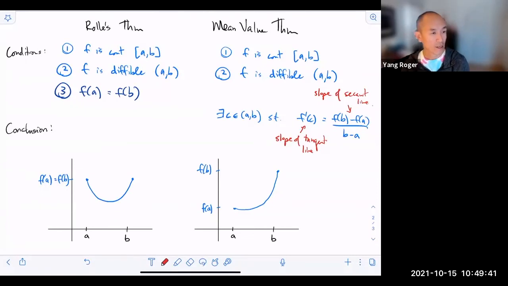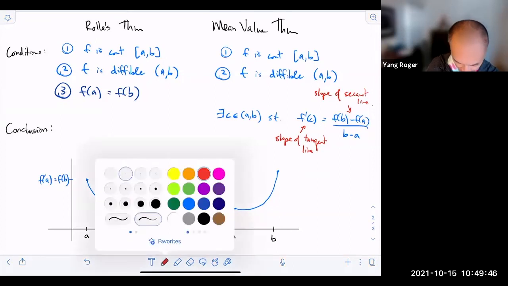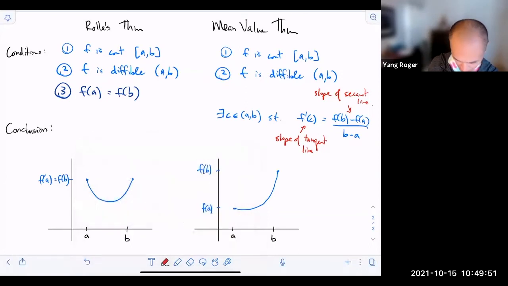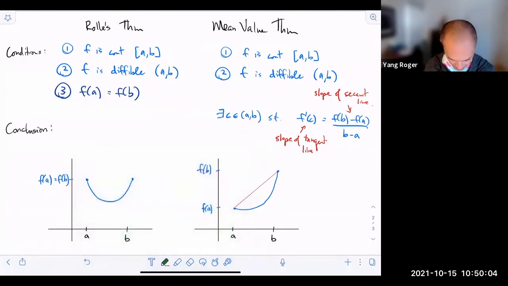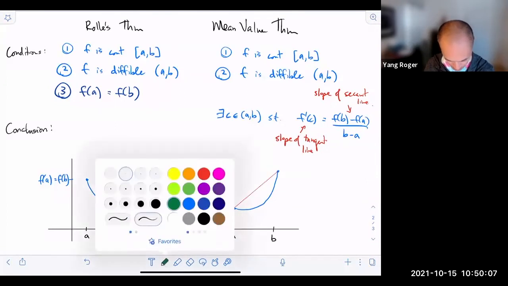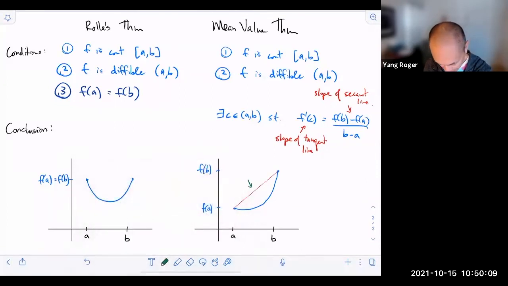When I draw a picture of this situation, I can draw a dotted line connecting the two endpoints like this. This right here is the slope of the secant line, that red dotted line there.